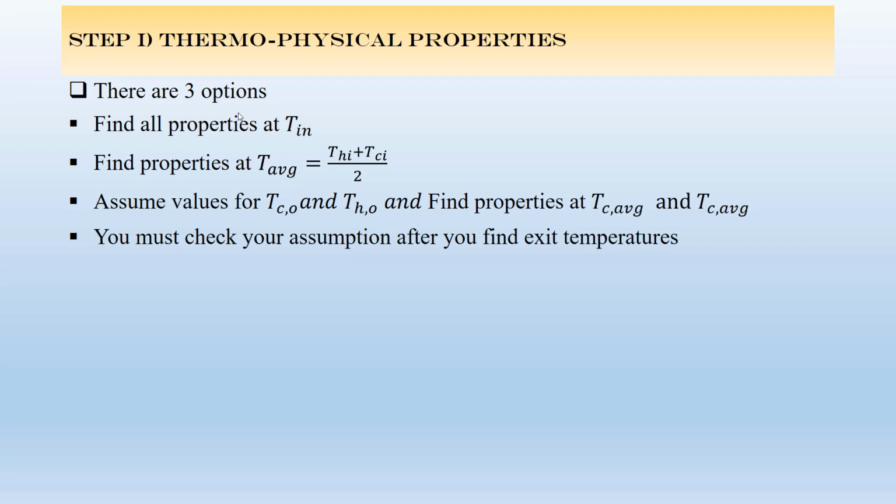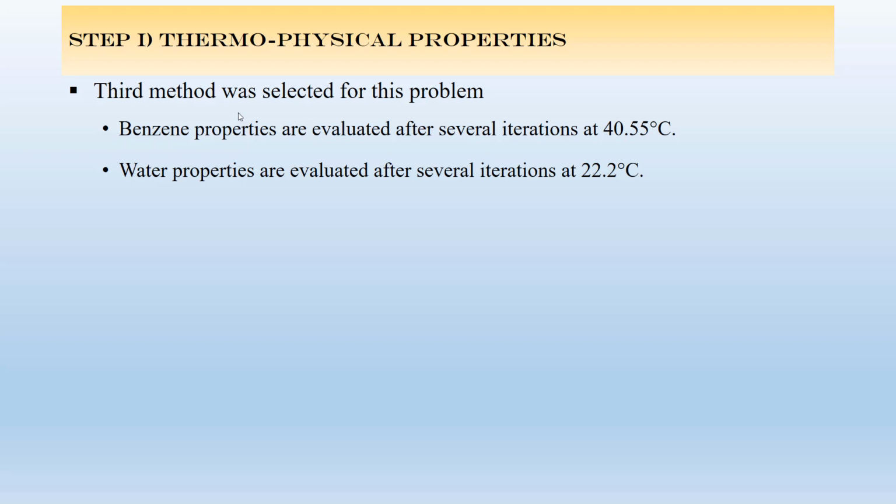So in this problem we use 40.5 degrees centigrade as the average temperature for the benzene, and 22.2 as the average temperature for water. Then you can find all thermophysical properties at this temperature.